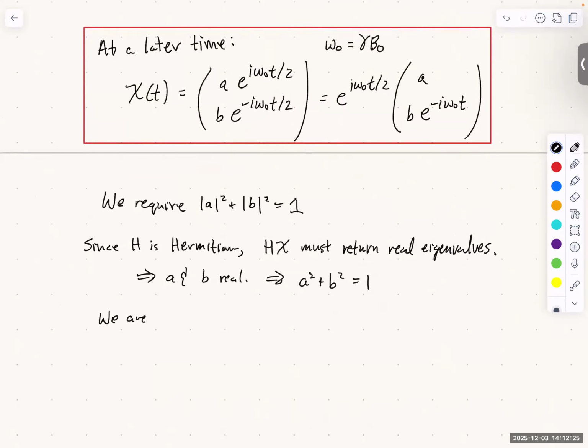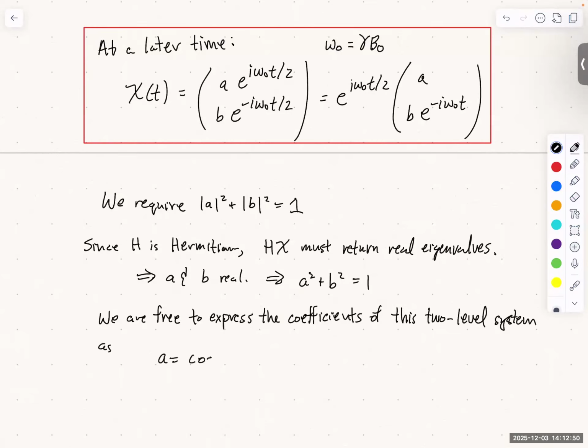We are free to express the coefficients of this two-level system as A is cos alpha over 2, and B is sine alpha over 2.